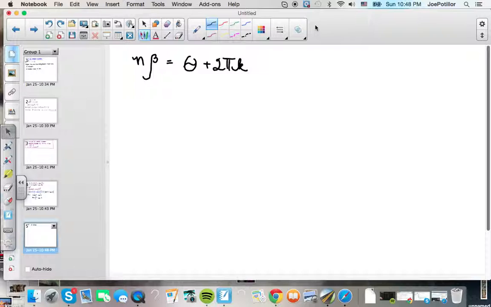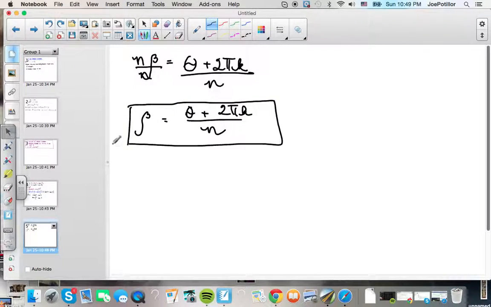This is a very important expression here, because what I'm stating is that all solutions to this problem differ by a certain amount of angles. And we're working in radians, if you cannot tell, because radians is a lot easier to play with. So if I divide both sides by n, I can obviously get an expression of beta is equal to theta plus 2 pi k divided by n.